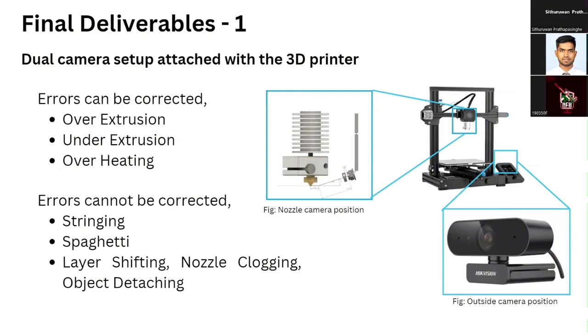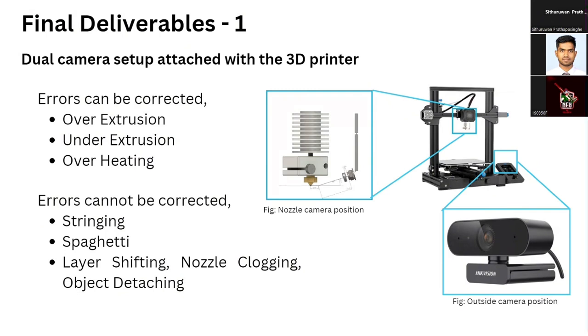Here is a first example. It is a dual camera printer setup with each camera detecting errors using separate methods. You can see in the picture, one camera is mounted onto the nozzle, and there is a web camera monitoring from outside. From this setup, we are able to identify errors, but we are not able to correct every identified error.